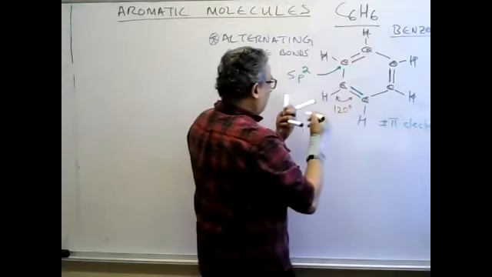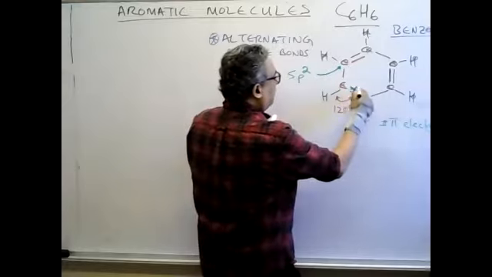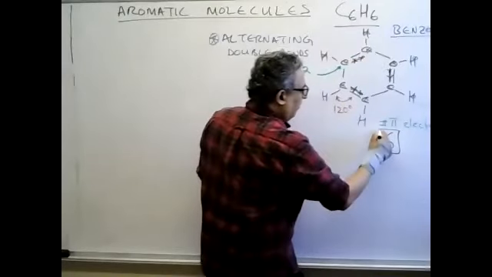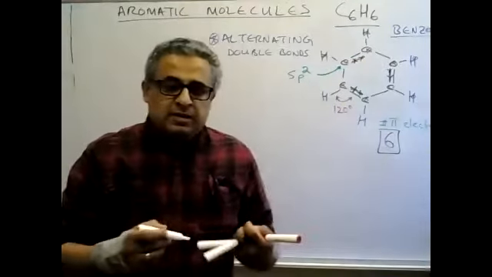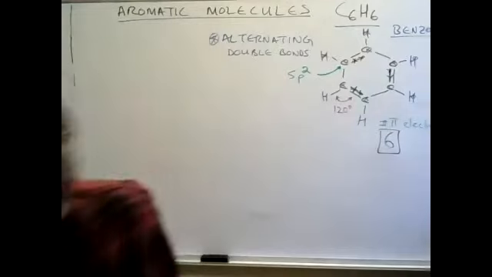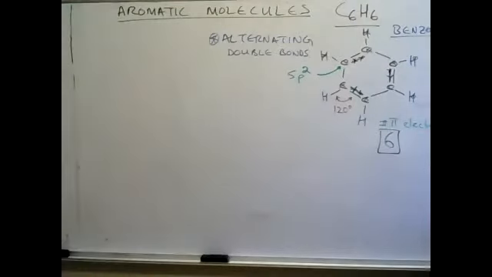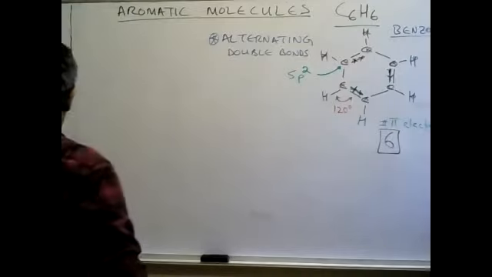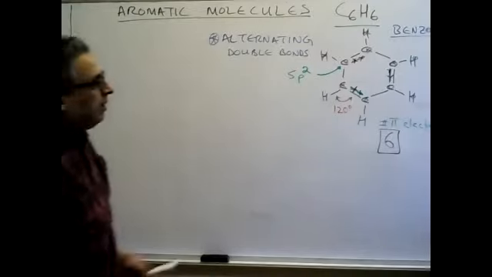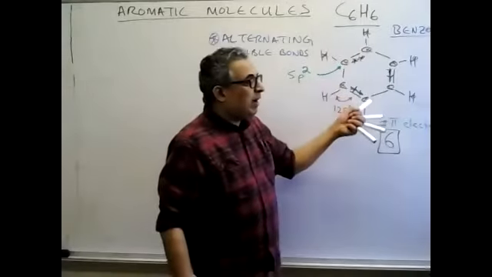Number of pi electrons. How many are here? 2. 6. There you go, 6. So the total number of pi electrons in benzene is 6. All right. So this is benzene, this is aromatic.